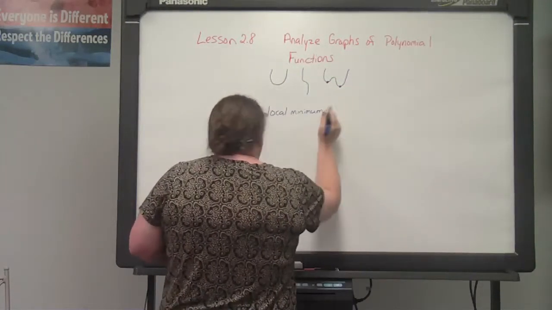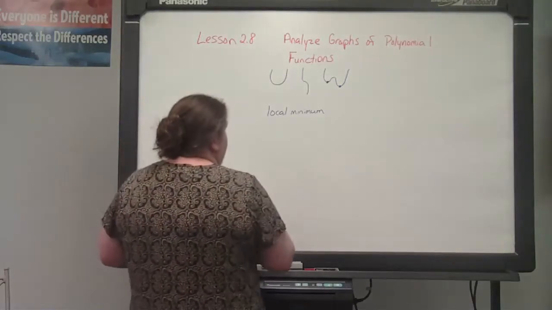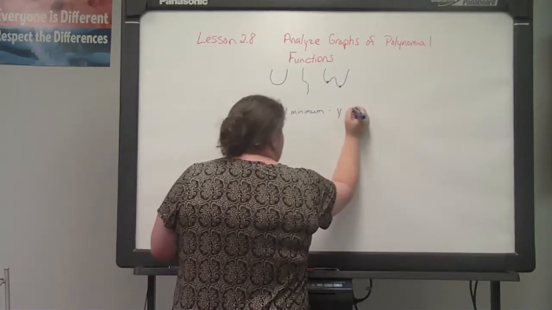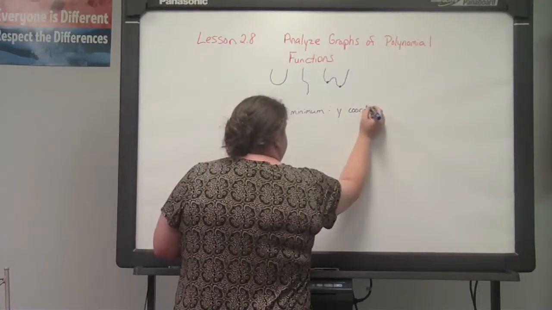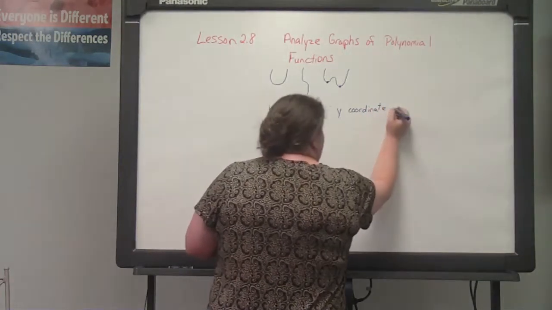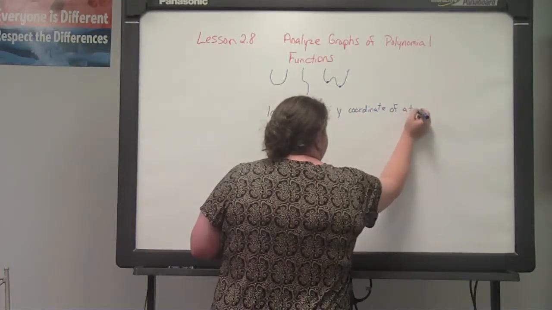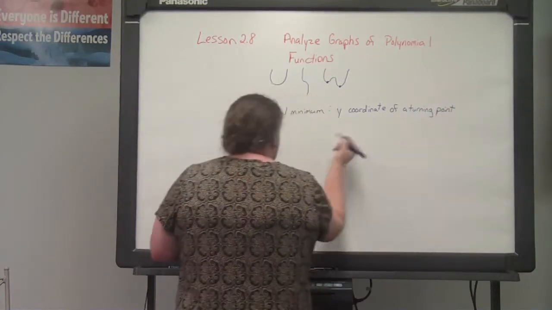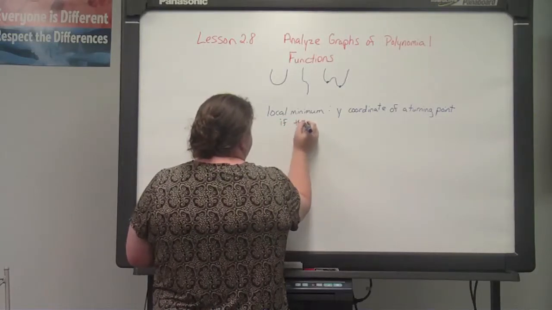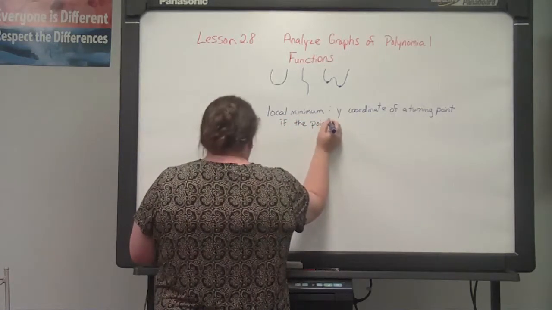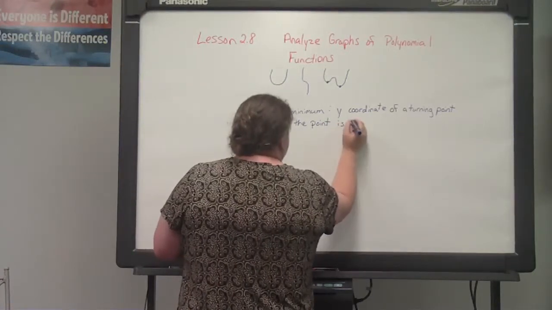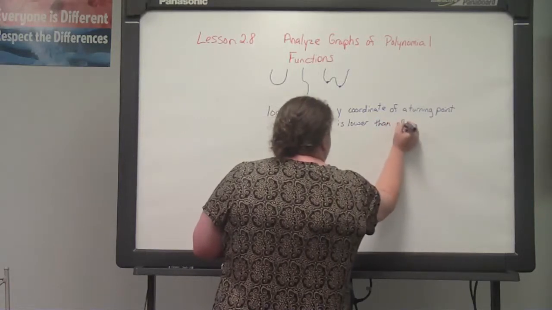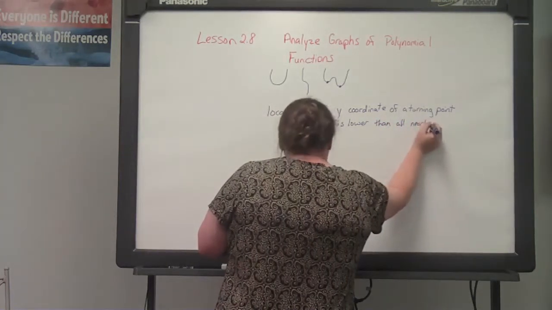The local minimum is the y-coordinate of a turning point if the point is lower than all nearby points.